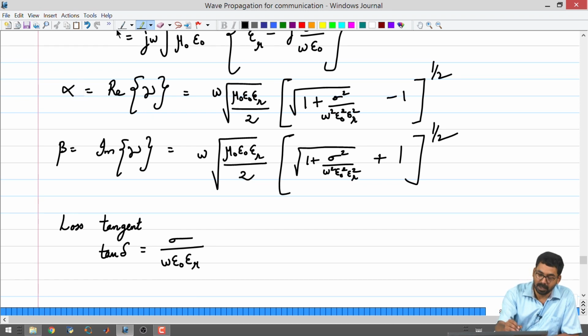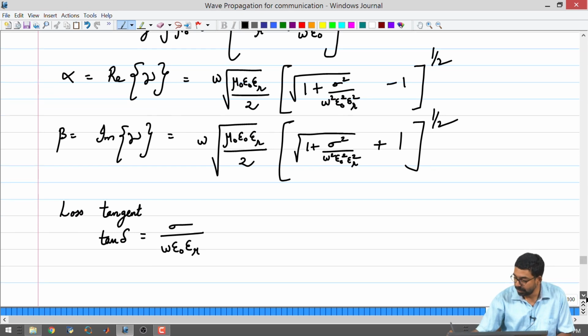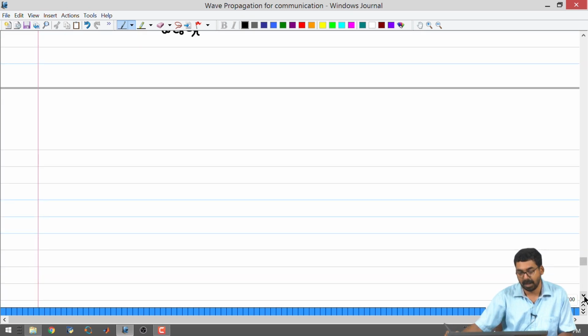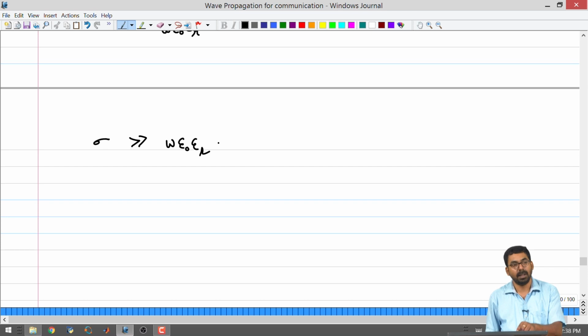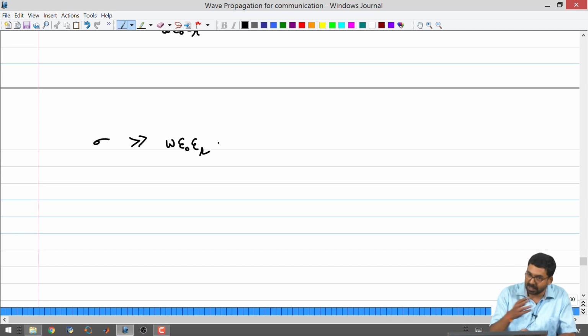This is another way of looking at it, and there are also other things that can be used to simplify. Let us take a material, for example, where sigma is much greater than omega epsilon naught epsilon r. The reason why I am writing all these things is because in the real world you can make some approximations by saying that one is much larger than the other and scratch out terms, so that it becomes easier to simplify.